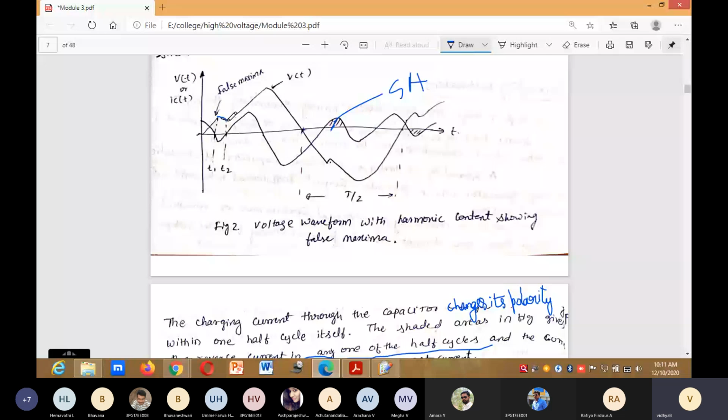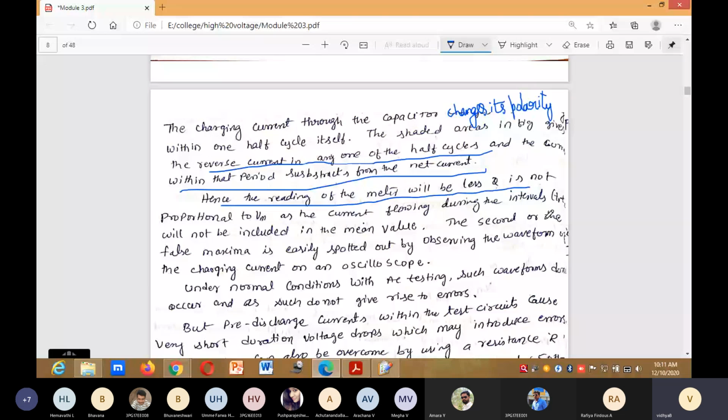Next, the second order false maxima is easily spotted by observing the waveform of the charging current on an oscilloscope. Okay, the waveform of the charging current means this one.